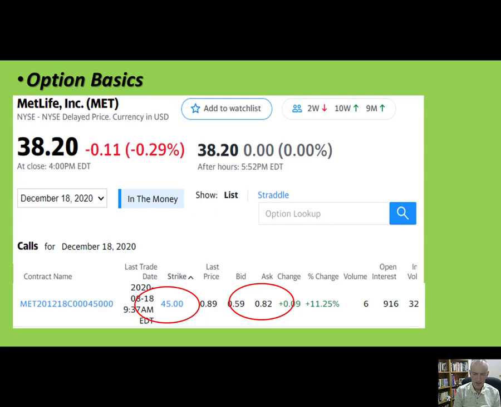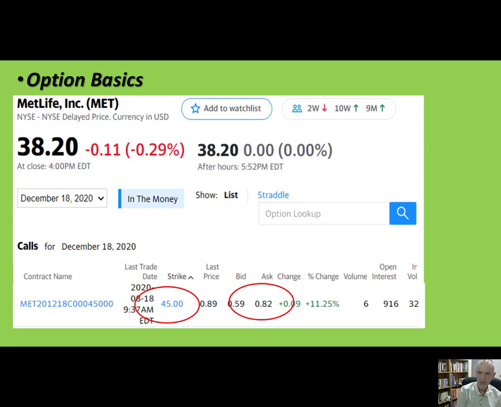I do straddles and strangles and collars and covered calls. The one we'll see later in this class is the strangle or the straddle. You'll see why the straddle or strangle is such an important concept to insurance.